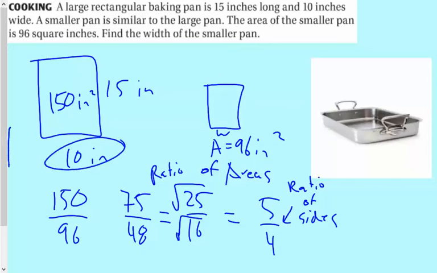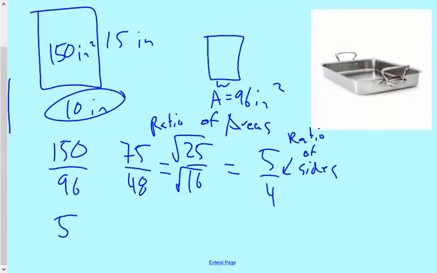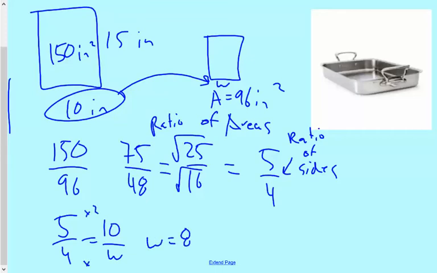So 5 to 4 equals 10 to the width. I'm going to compare that to that, 10 to W. And so W equals 8. If I multiply by 2, multiply by 2, this little trick works for proportions. So that was a cool problem because we have to go backwards there. So that's a new skill for you guys.